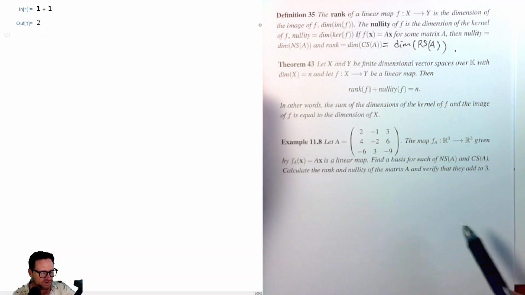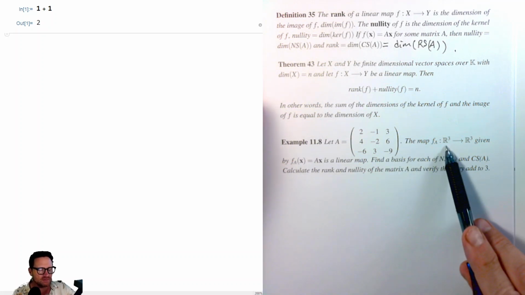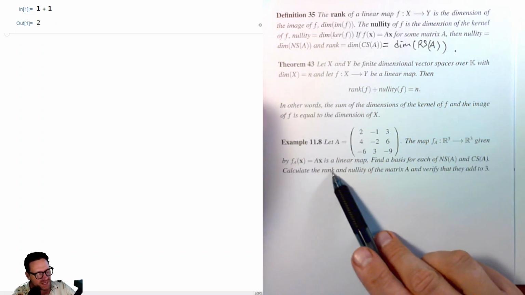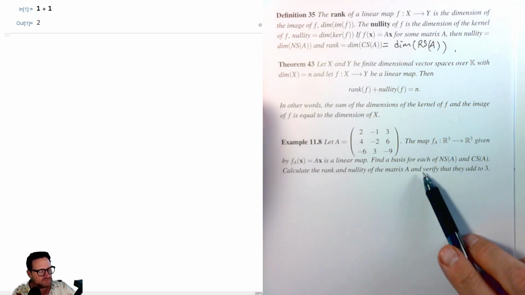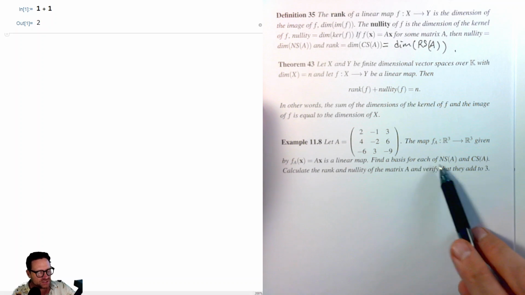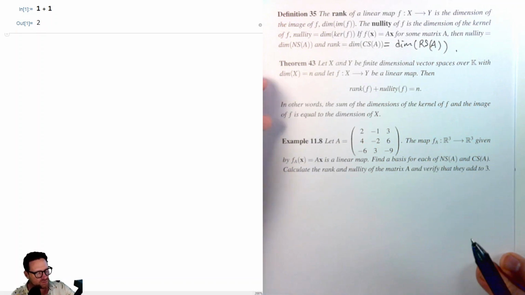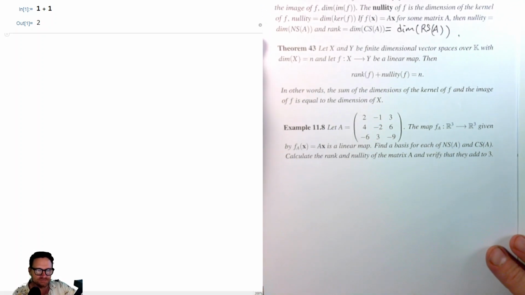Example 11.8. We have a 3x3 matrix here with integer entries. The map F_A from R^3 to R^3 given by F_A(x) equals A times x is a linear map, as we've seen earlier. Find a basis for each of the null space and the column space of A. Calculate the rank and the nullity of the matrix A and verify that they add to 3.